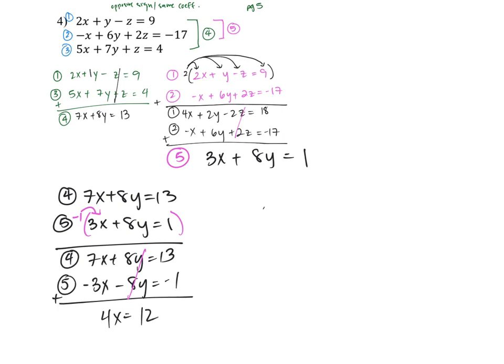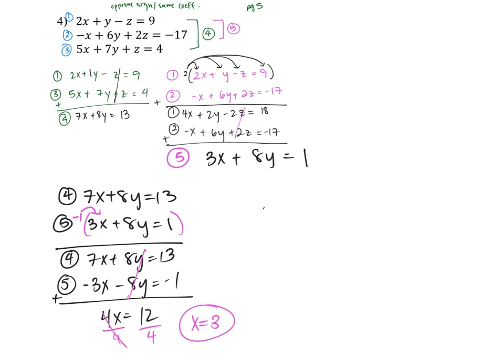To get x by itself, all I have to do is divide by 4. Notice that when I cancel out a variable, I'm down to one variable, which is awesome. So x is 12 divided by 4, which is 3. So I got x equals 3, which is great.